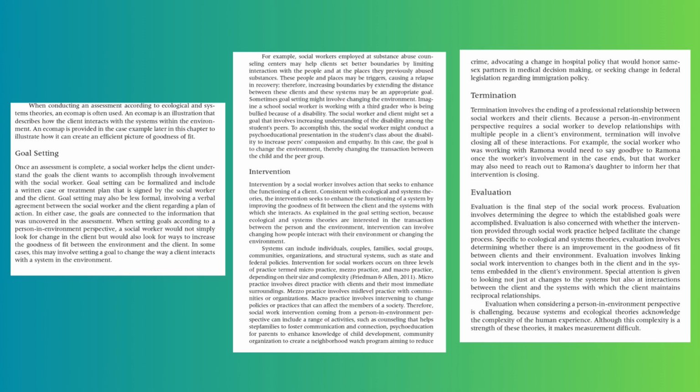When the caseworker and the client are interacting, it helps to understand how the different systems are being affected, and that helps in the formulation of the intervention and the next steps in the social work process. The eco map will be described later in the chapter, showing how it can create an efficient picture of goodness of fit.